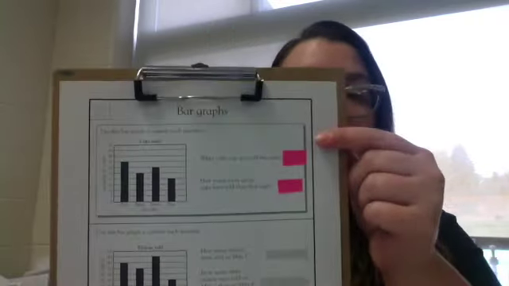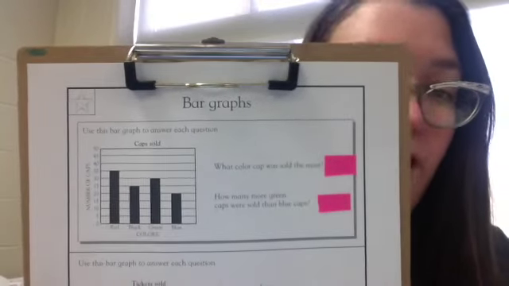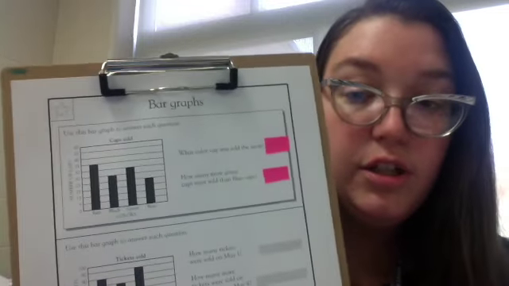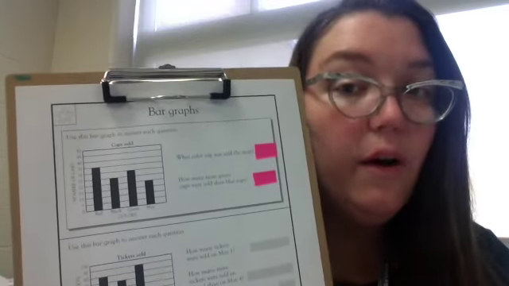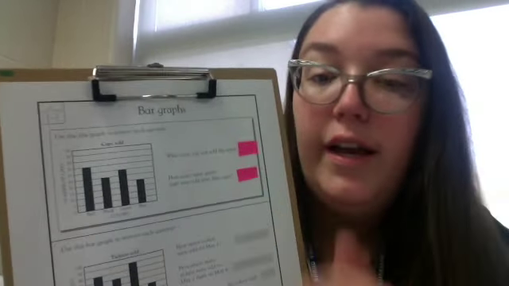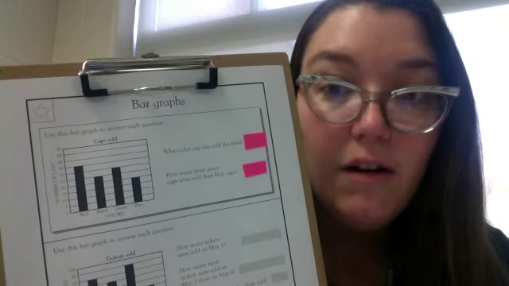So again, we are looking at doing the top one together. And this bar graph is all filled out for us, but we have to answer the question. So just like I said before, with a bar graph, they give us all the information right in the data, okay, in the bar graph. It's right there.